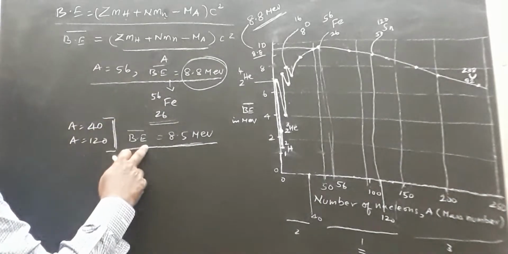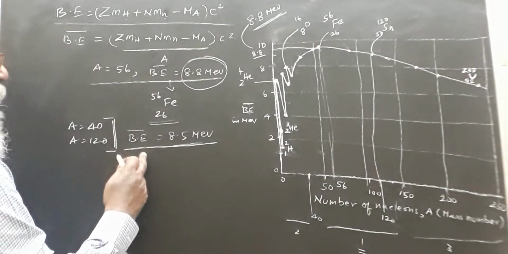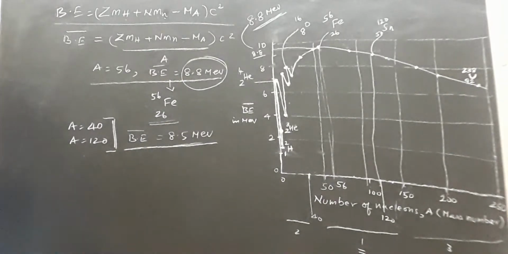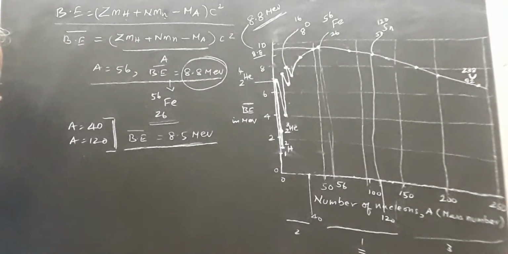In this stage these are all constant. This is the strongest bonding and these are non-radioactive substances, when A is between 40 and 120.